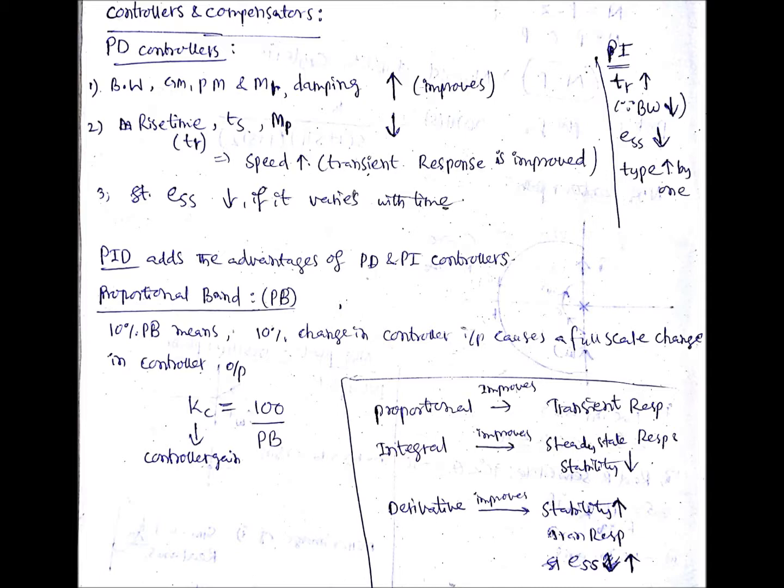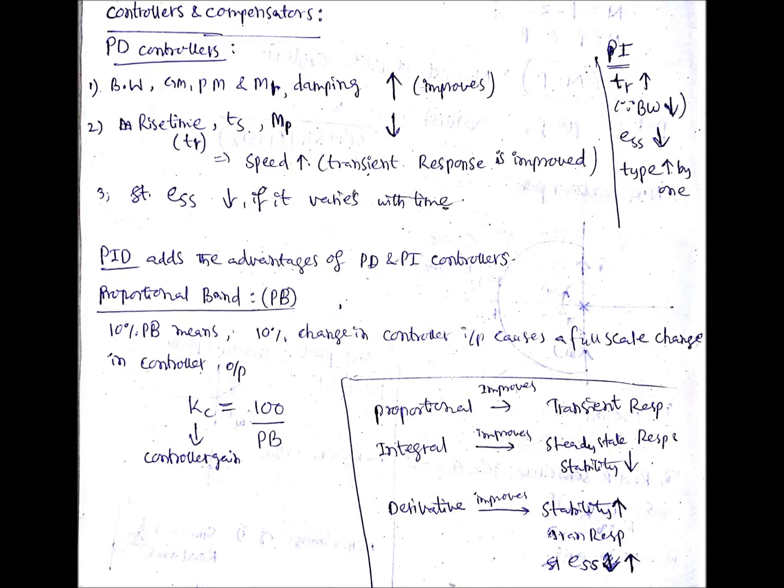So whatever the proportional band, for that much percentage change in the controller input, you are going to get a full scale change in controller output. Here the controller gain Kc equals 100 divided by the proportional band. This is one formula. They may give you the proportional band and ask you to find the controller gain. In that case you need to use this one.